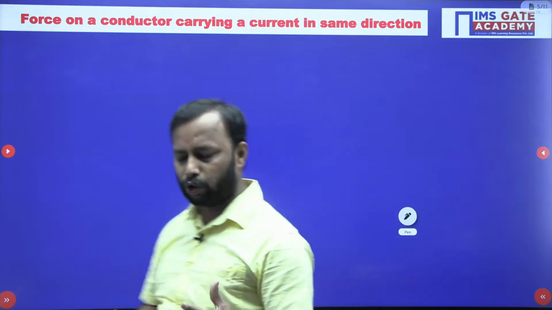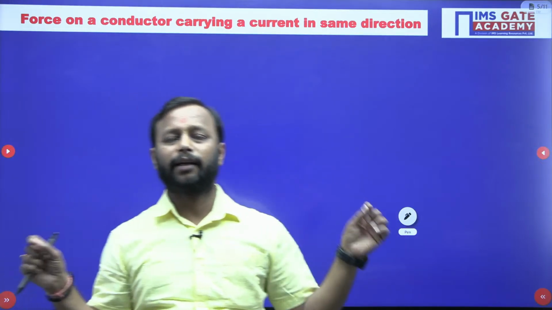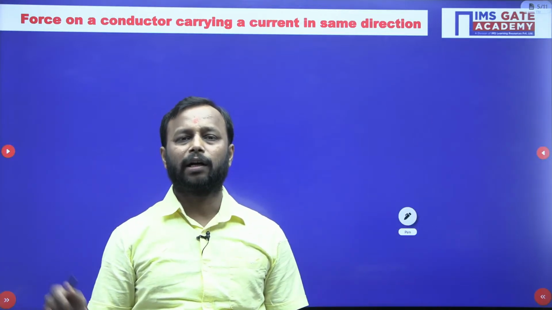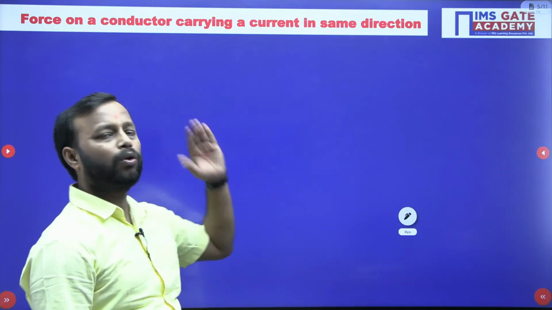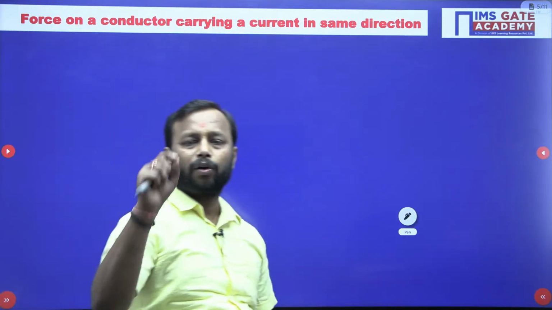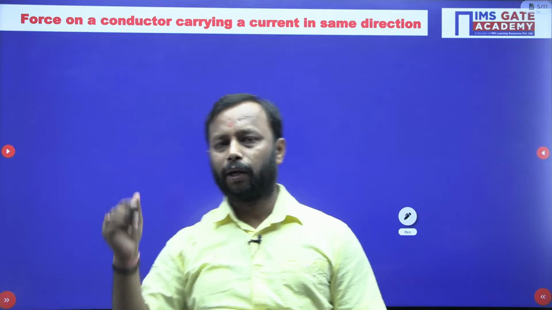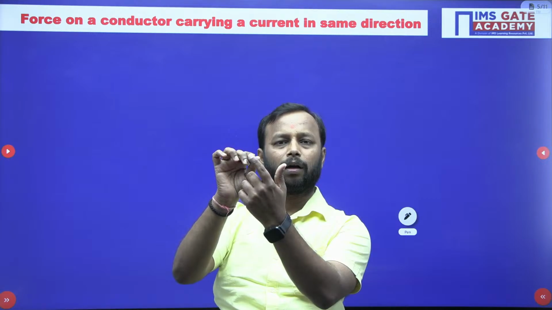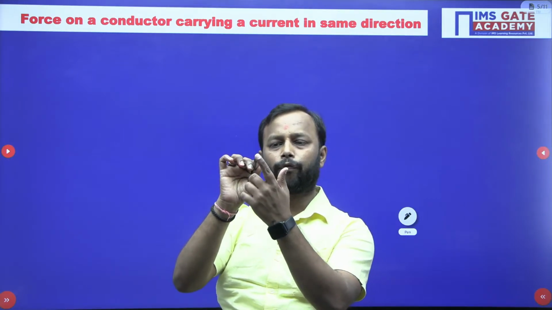Let me assume that your conductor length is infinite, and in that the current is coming outward of the board. It means that you will see a point. If this current is coming towards you, you will see the tip, or the front part.